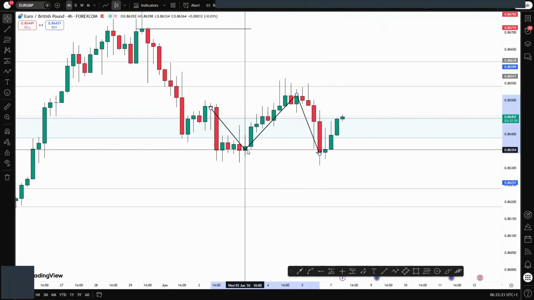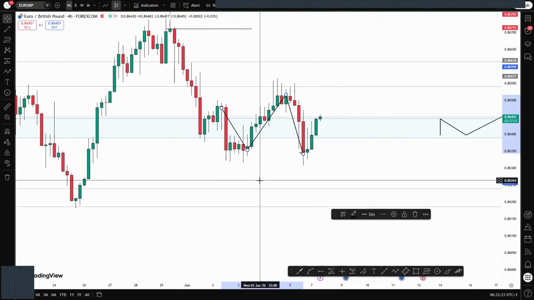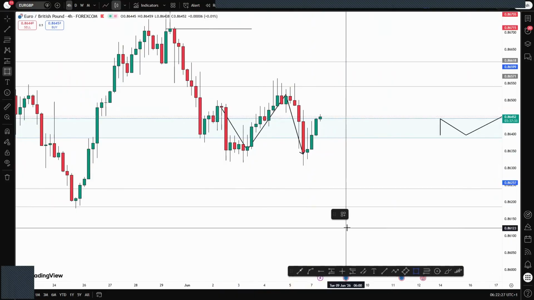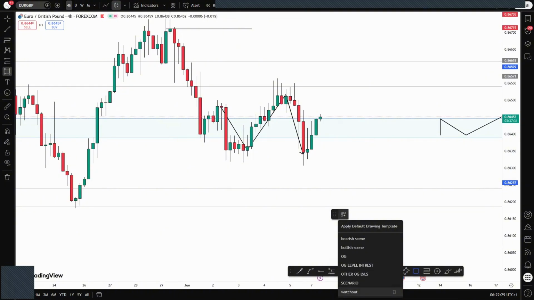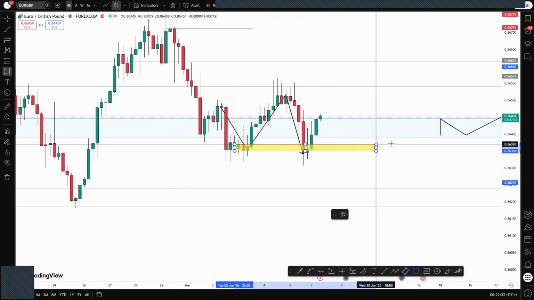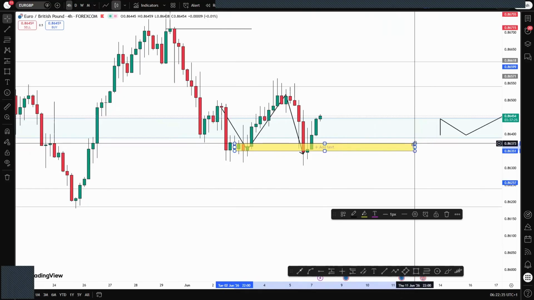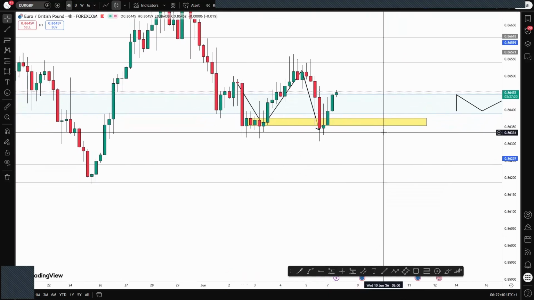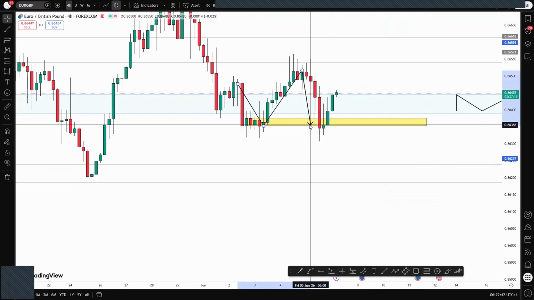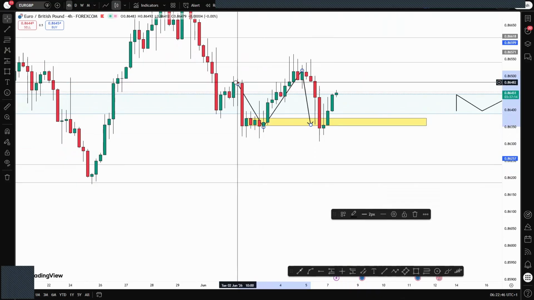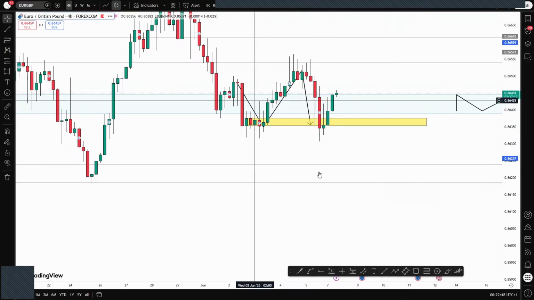So in the 4 hour perspective, this is where you expect price to give you a break and then a sell at this point here. Because this is the only last higher low where you had price shifting from.